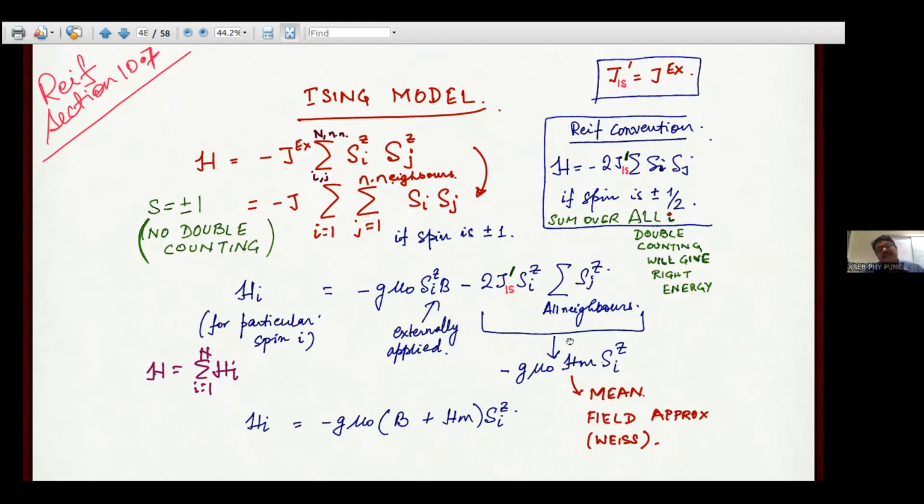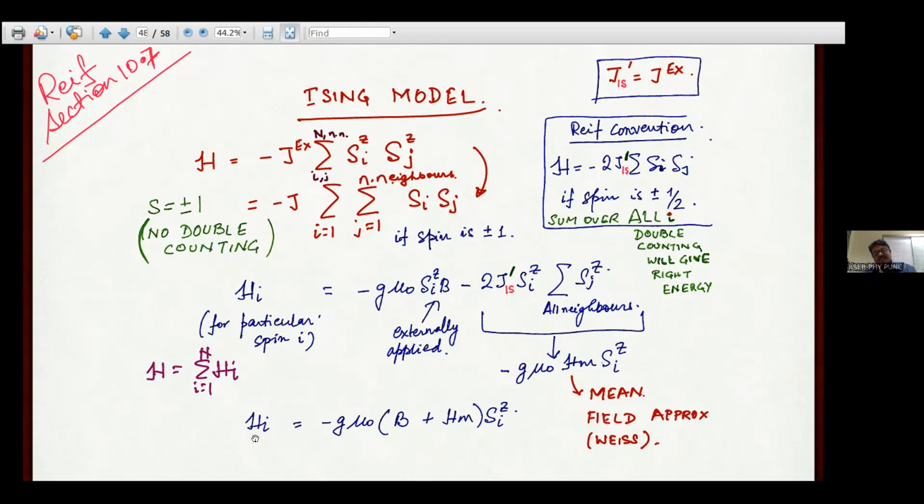That you replace, so that every site over the entire lattice is seeing the same magnetic field H_m, right? So you're basically writing the effect of all neighbors as a uniform magnetic field that each point in the lattice is seeing, which is H_m.